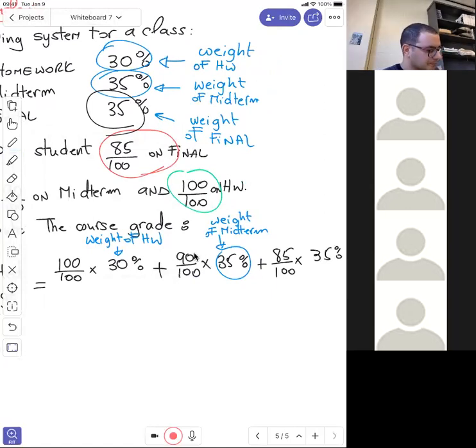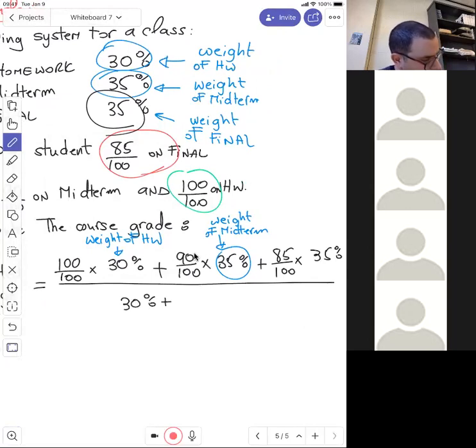Then we divide by the sum of the weights: the homeworks are worth 30%, the midterm is worth 35%, plus the final is worth 35%. So here we divide by the sum of the weights.